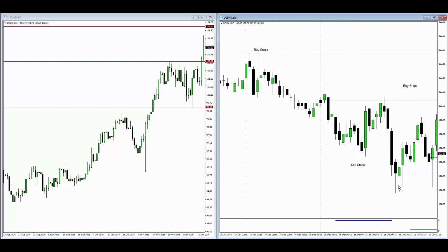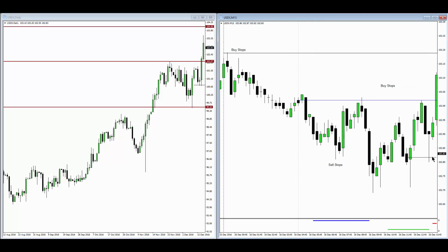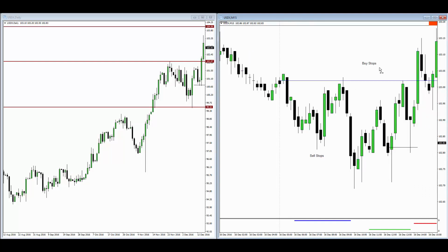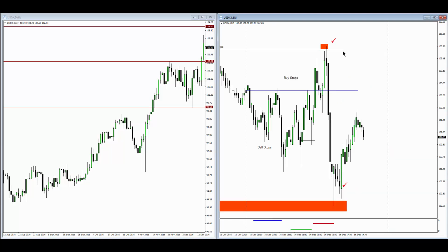Price rallies up, small little retracement. Could have been scary for you here, but you're looking for a rejection away. Price taps that high, just fell short of it, explodes up through, takes the buy stops, small little retracement again, runs right up above, hits the buy stops, and this is what you see on Friday.